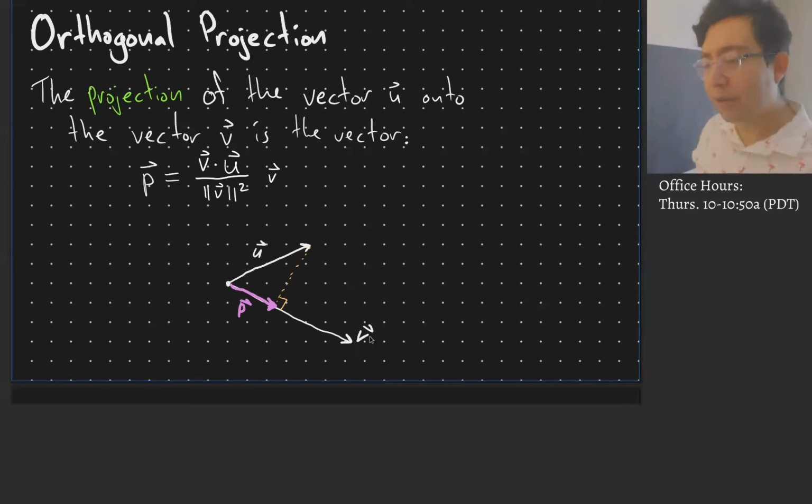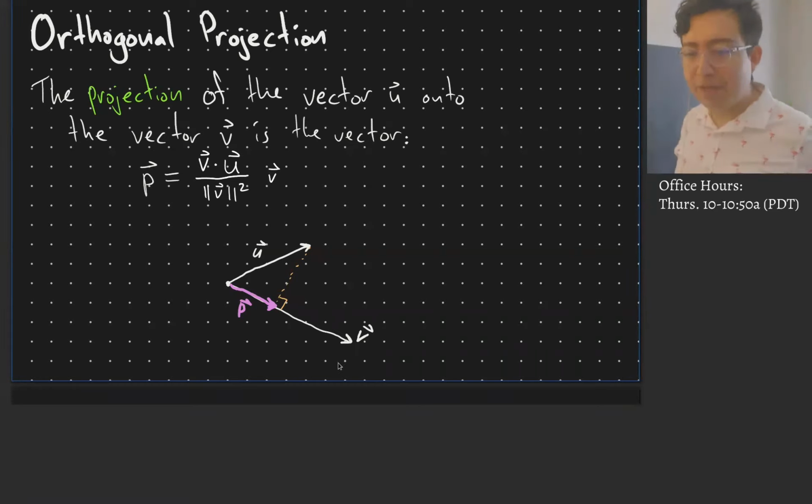Basically, we know it's going to be along V here, because V is this vector that we're projecting onto. And so we know that P is going to have to go along V somehow. We're just going to want to scale it down or up. Again, based on the picture here, I clearly have to scale it down, but you can see that if I made U way longer, then I would have to scale it up to make P long enough.